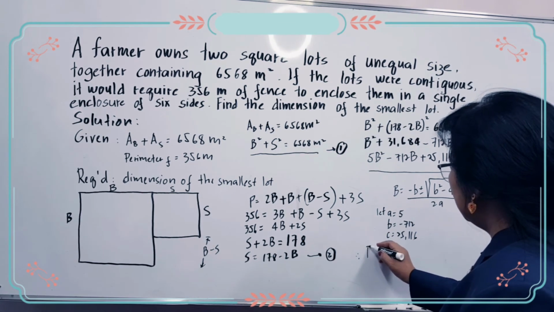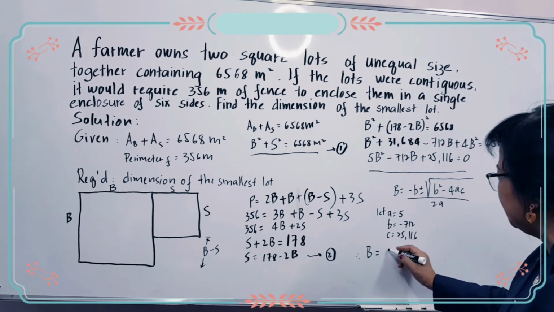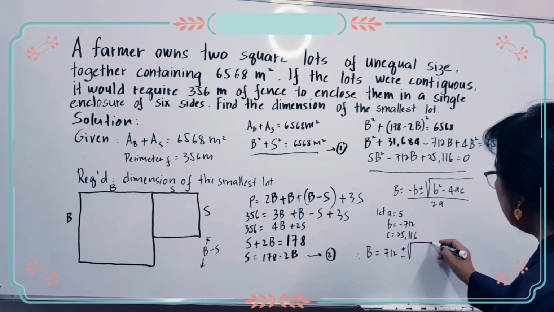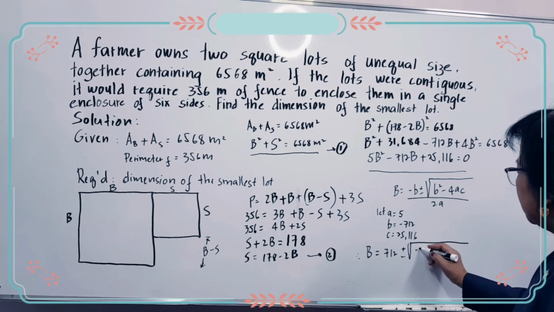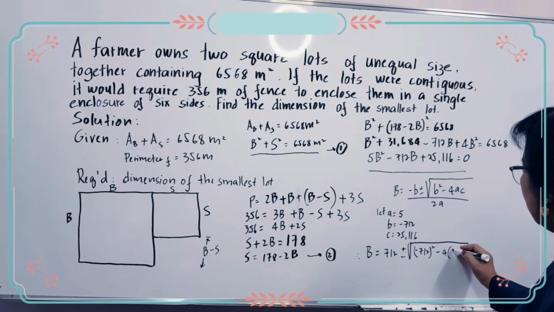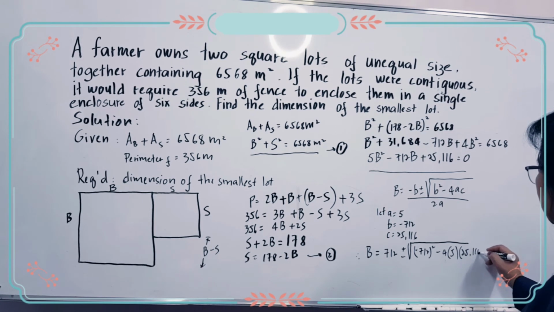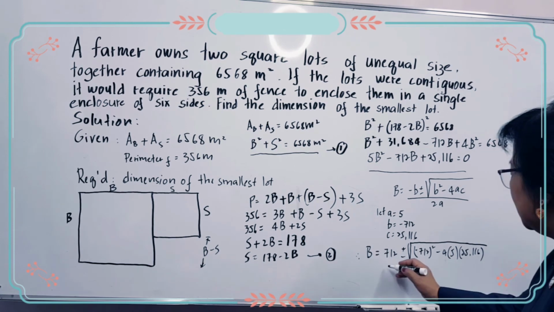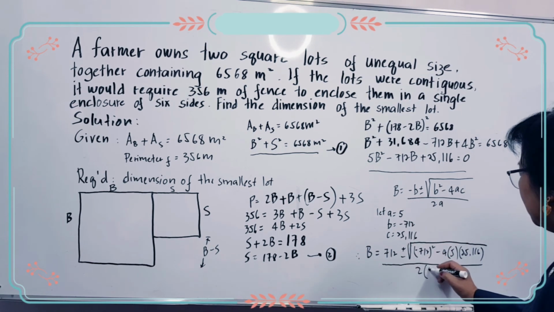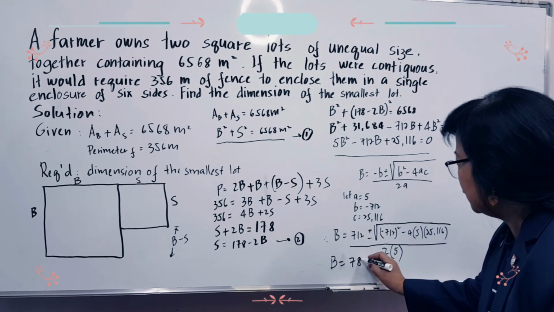Therefore, B is equal to minus b. Minus and minus will be positive, plus or minus the square root of b squared, which is minus 712 squared, minus 4 times a times c, which is 25,116, over 2 times the value of a, which is 5, is equal to 78 meters.